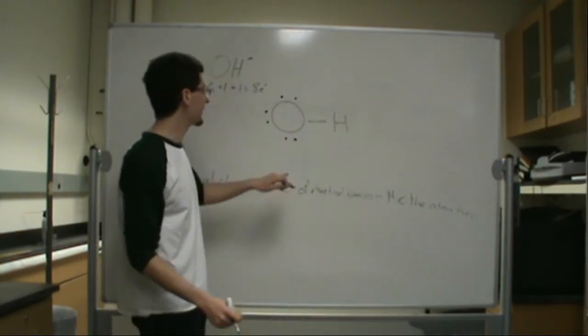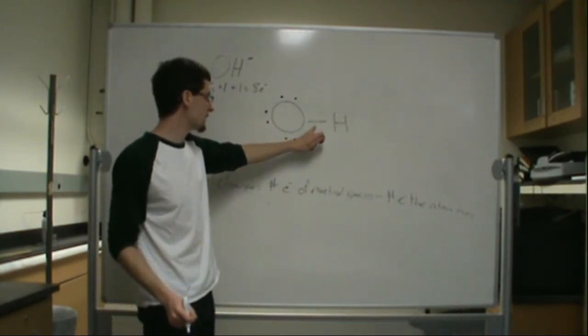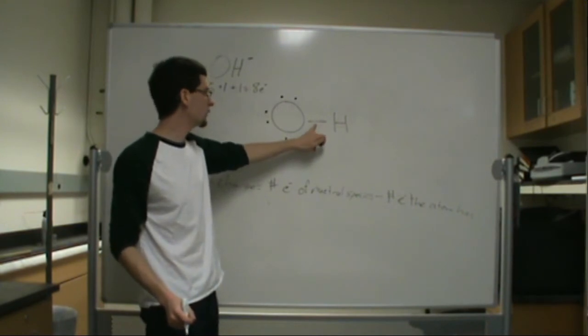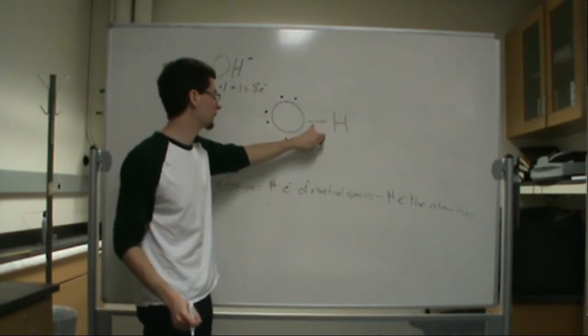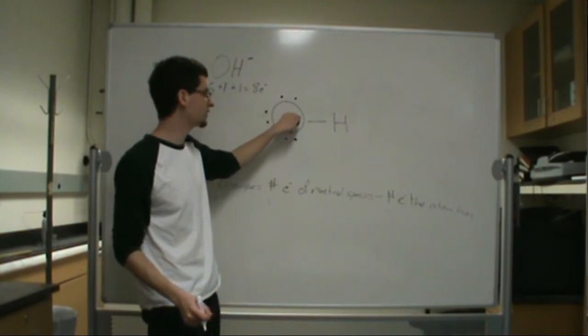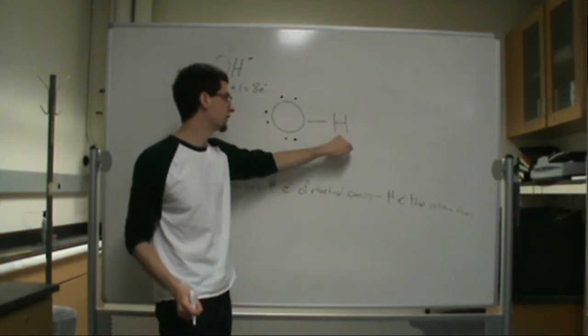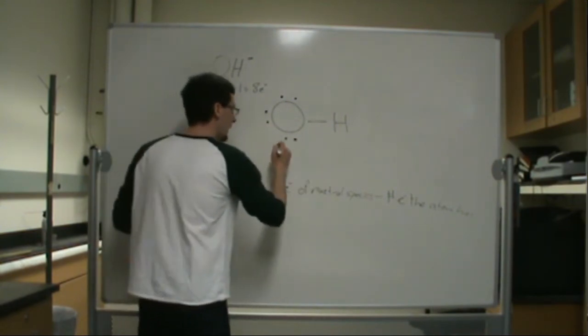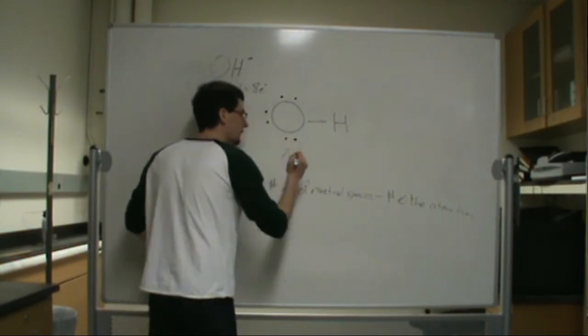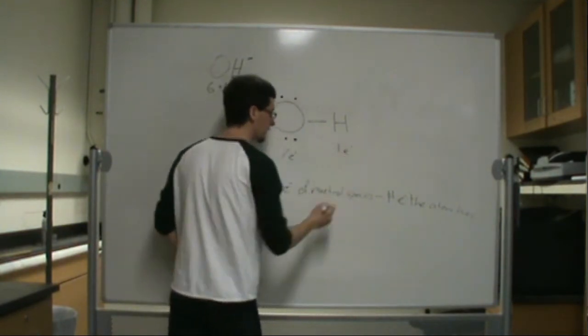So, in our example, there are 2 electrons in this bond. We consider 1 to be owned by the oxygen and 1 to be owned by the hydrogen. So, oxygen has 7 electrons here, hydrogen has 1 electron here.